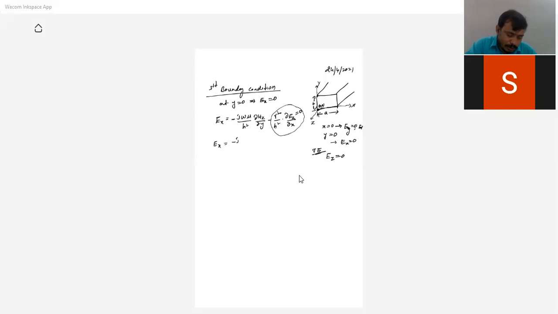Ex is equal to minus j omega mu by h square dou hz by dou y. Now you can write ex is equal to minus j omega mu by h square, dou by dou y of hz. What is the hz?